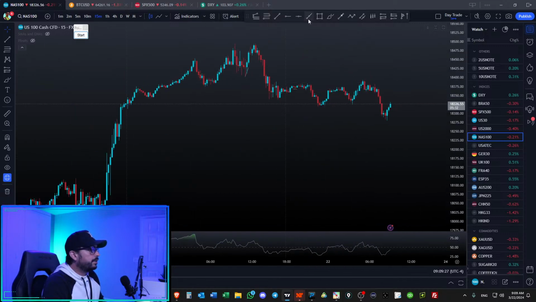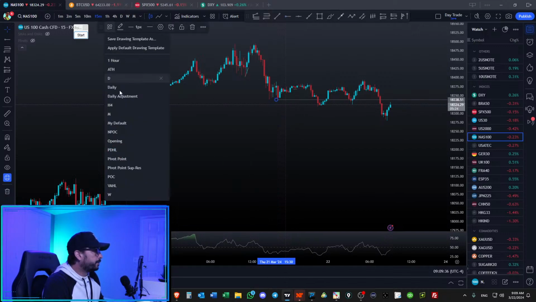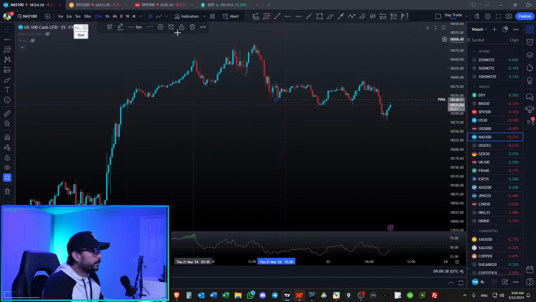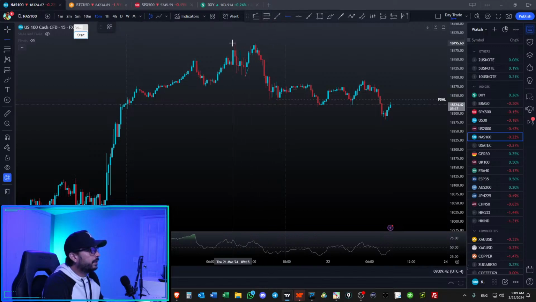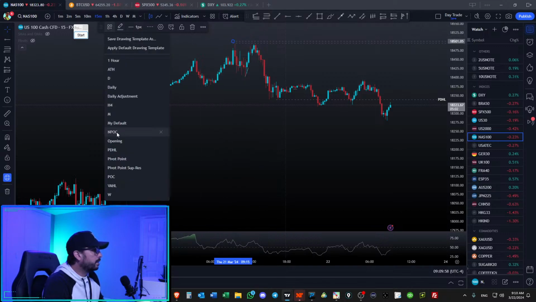So let's get started with the levels we like for the day trade, which is the low of yesterday, the high of yesterday. Also, I'm going to do one more here since they are the same. I'm just going to put it out a little bit just so we can see it. This will be the all-time high.